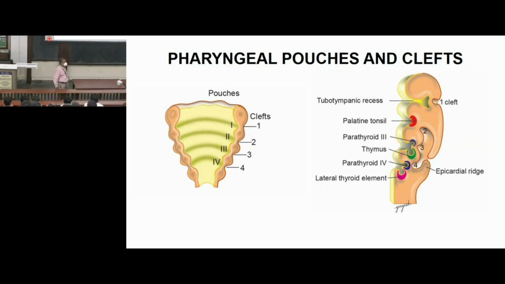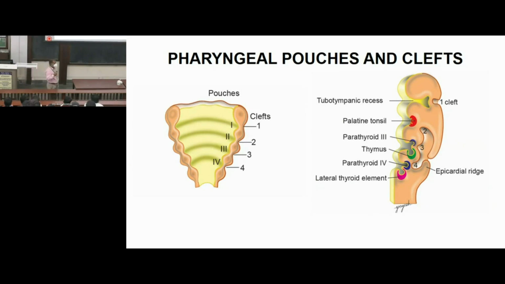And two tensors, tensor tympani and tensor veli palatini. Muscles derived from the second arch. Muscles of facial expression. Posterior belly of digastric. Stylohyoid. Stapedius. These are all derivatives of the second arch. Very good.